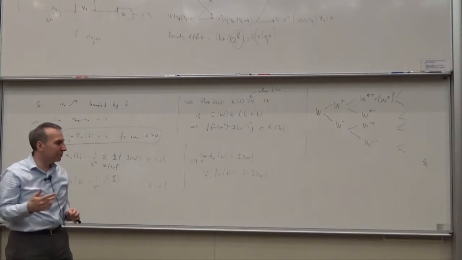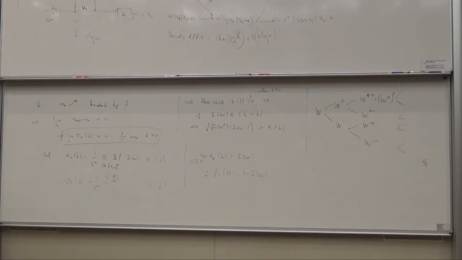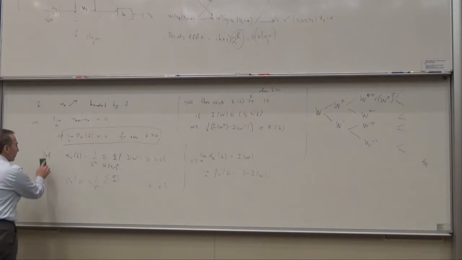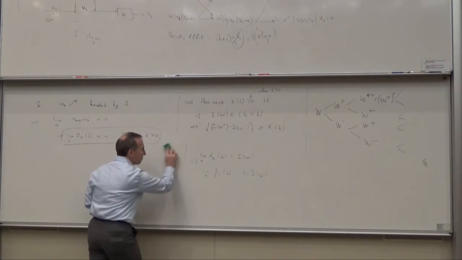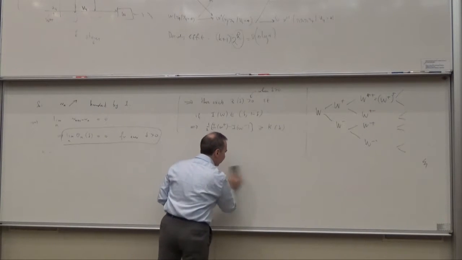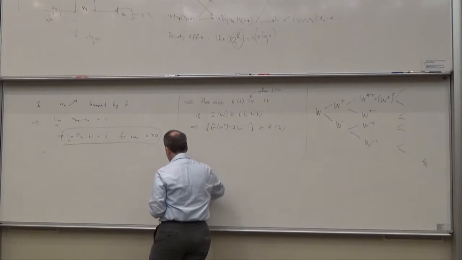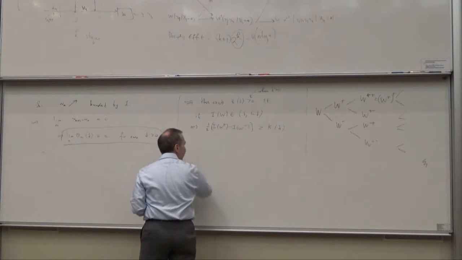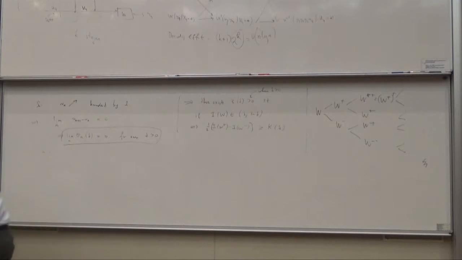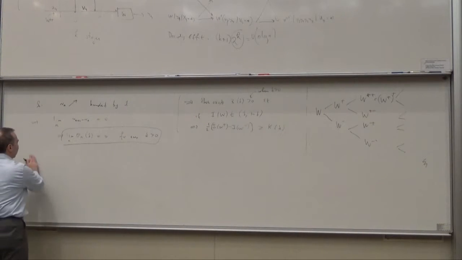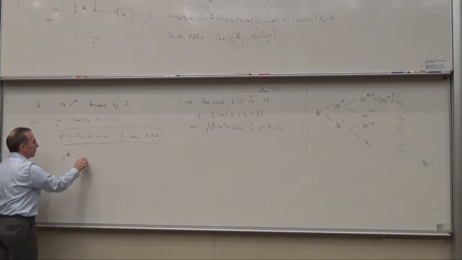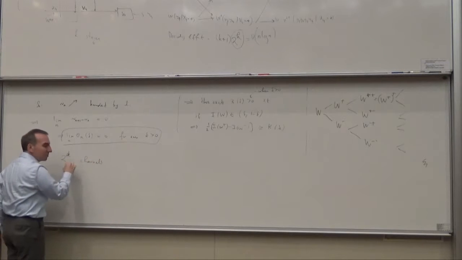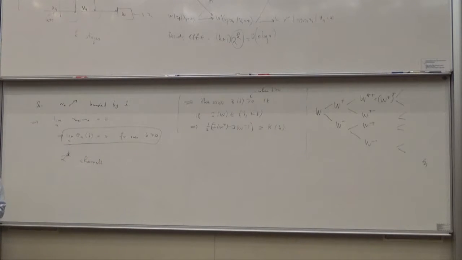So what we have is the following. We ended up with 2 to the k channels after k stages of polarization.